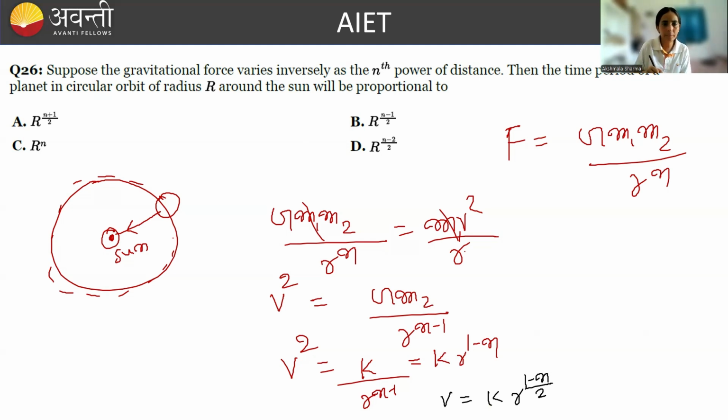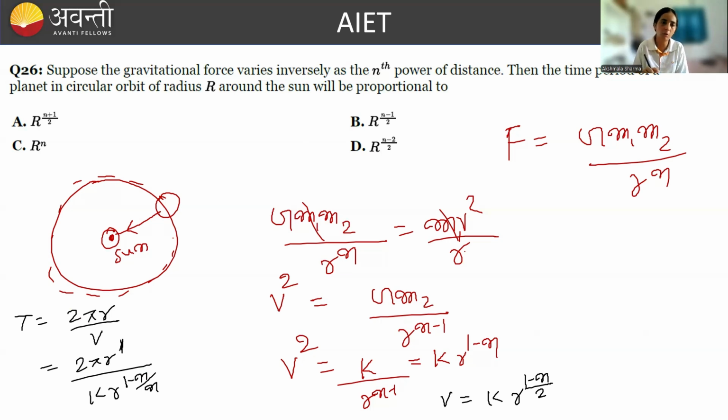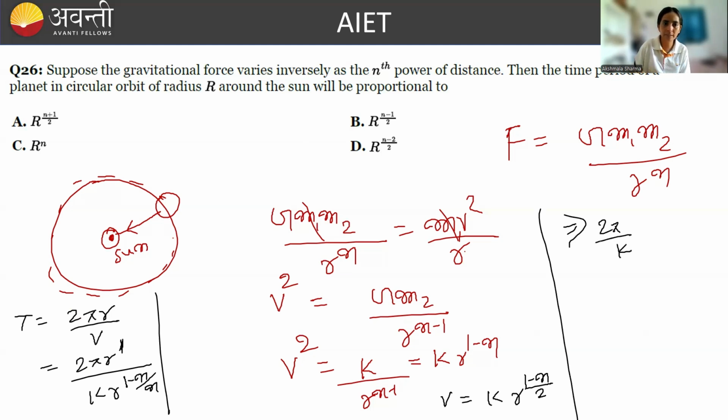Now the time period. How do you calculate it? This is nothing but 2 pi r by v. So what value do you write for v? k r to the power 1 minus n by 2. Now here r has a power of 1. So how can we solve it again? If you solve this, what can we write? 2 pi by k is a constant. r to the power 1, and this is 1 minus n by 2 in the denominator. If you bring it up, it will become 1 plus n minus 1 by 2.